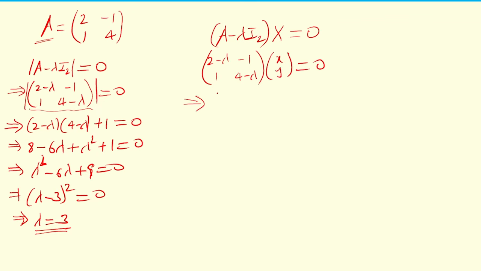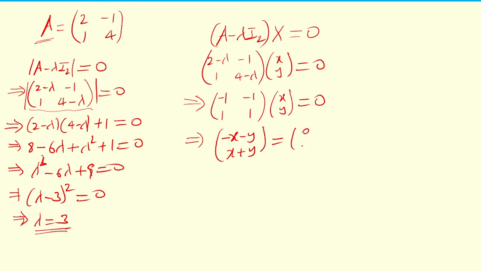This implies, with lambda equal to 3, 2 minus 3, minus 1, 1, 4 minus 3, times (x, y) is equal to 0. When multiplying here, minus x minus y, x plus y is equal to the zero matrix, 0, 0. Now from both we have minus x minus y is equal to 0, x plus y is equal to 0. That's the same. So y is equal to minus x, or x is equal to minus y.